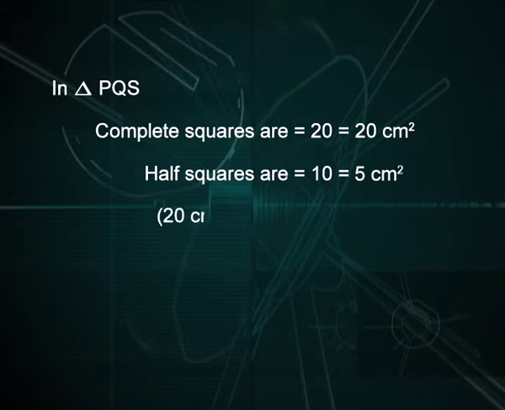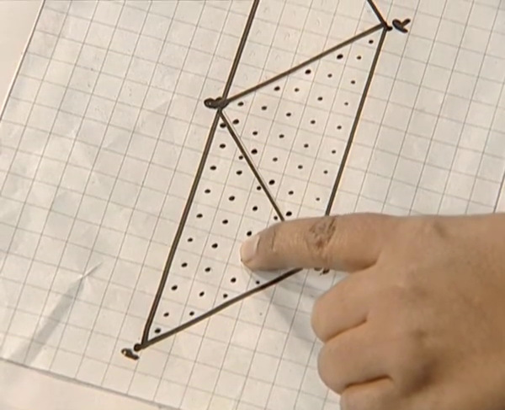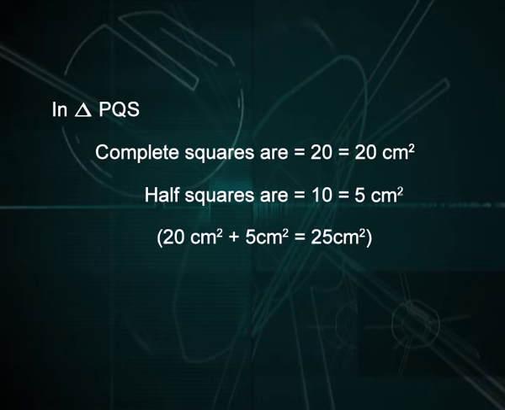When we add up these, we find 25 centimeter square, and we can see that there is no more than half square and less than half square. So, the area of triangle PQS is 25 centimeter square.